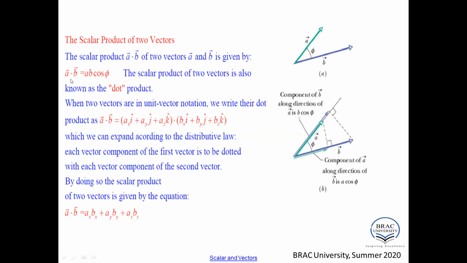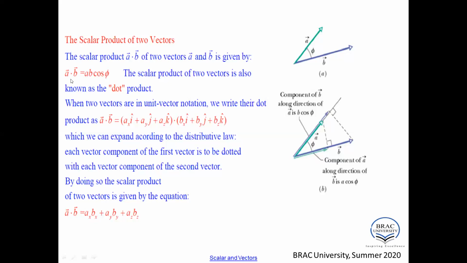So cos 0 degrees is 1 and the unit vector magnitude is also 1. So i dot i equals 1. So we can easily say that in case of similar unit vectors, the dot product is 1. So i dot i equals j dot j equals k dot k equals 1. So remember this.